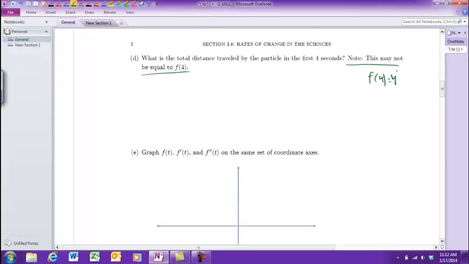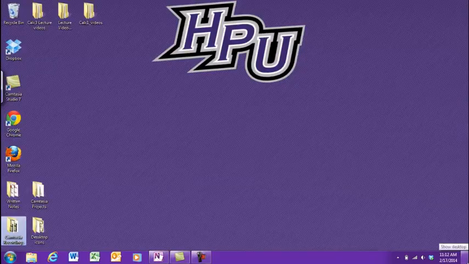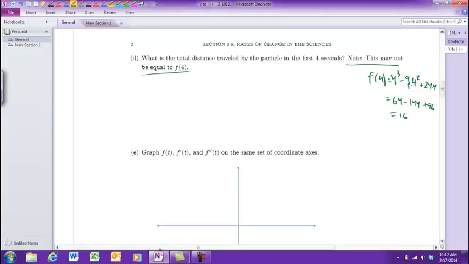So that would be 4 cubed minus 9 times 4 squared plus 24 times 4. And when you put that all into your calculator, this is like 64 minus 9 times 16 is 144. 24 times 4 is 96. This comes out to being 16.